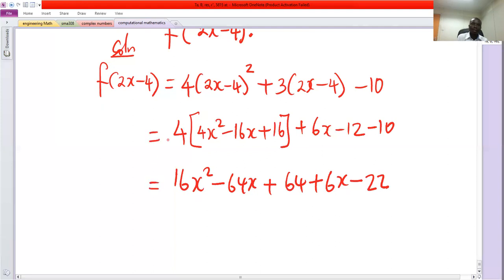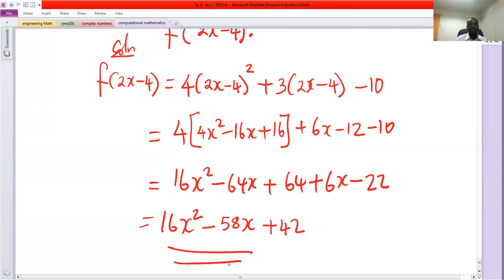So the answer will be 16x squared minus 58x plus 42. So this will be the final answer.